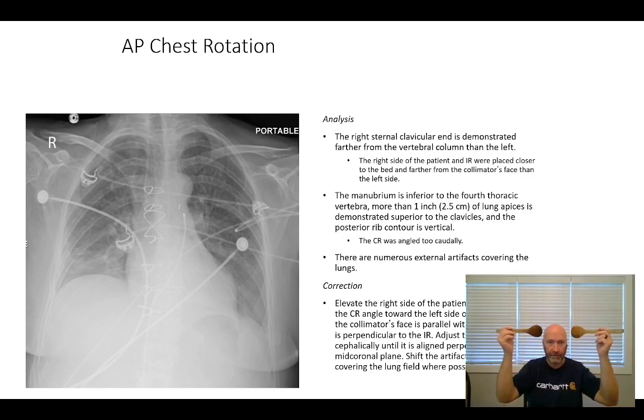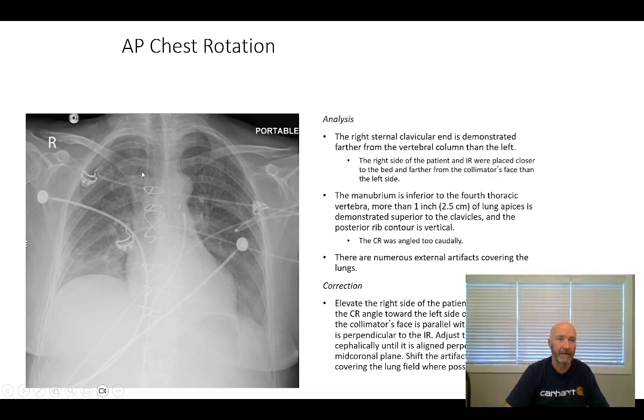This is a portable chest X-ray on a really sick patient. This is my right hand, so this is my right clavicle, and I've got an increase in distance between my clavicle and my spine. And that's exactly what you're seeing right here.